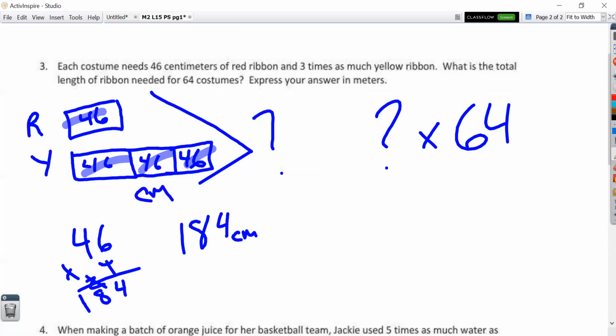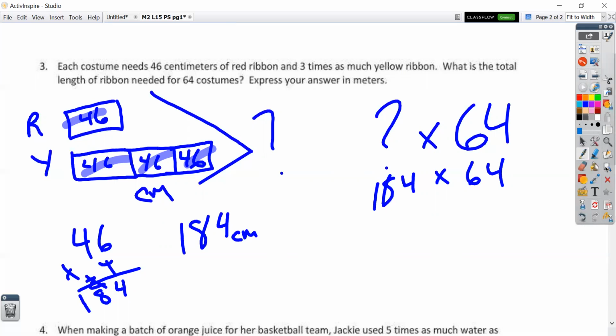Make sure your unit's following so you don't get lost in this. This is 184 centimeters. So now that we know how many centimeters we need for each costume, we now know it's 184 times 64 is our math problem. So let's go ahead and solve for that.